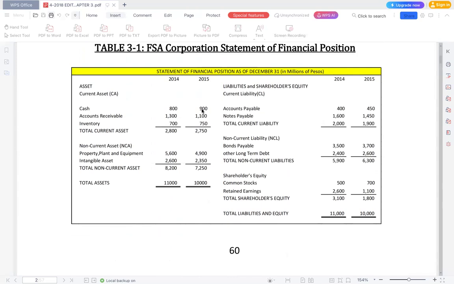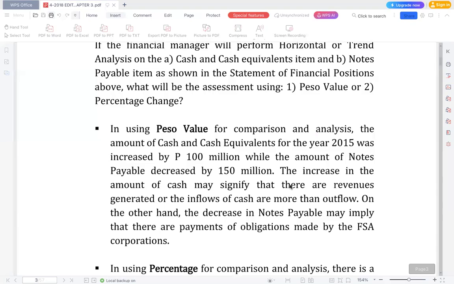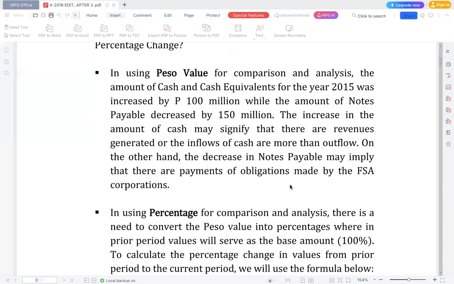So 800, the trend, it increased by 100 million, while the notes payable from 1,600, it decreased by 150 million. So you have 1,450. So 1,600 to 1,450, that's 150. It decreased by 150 million.